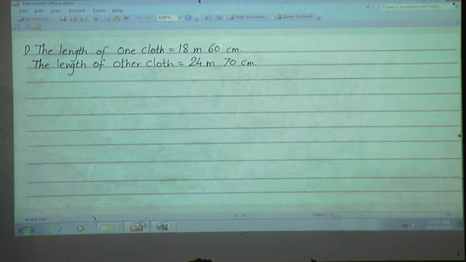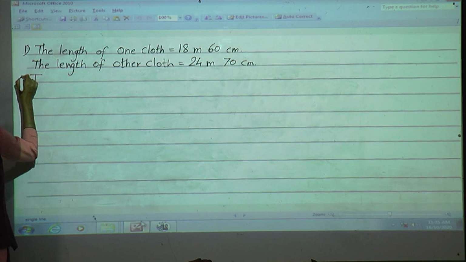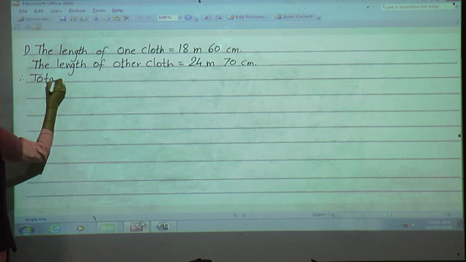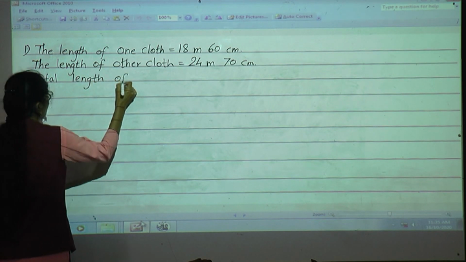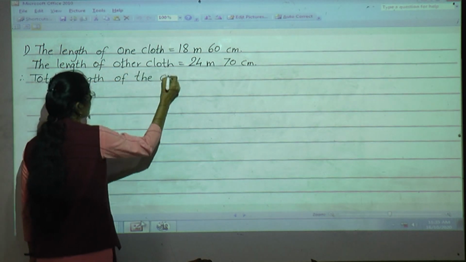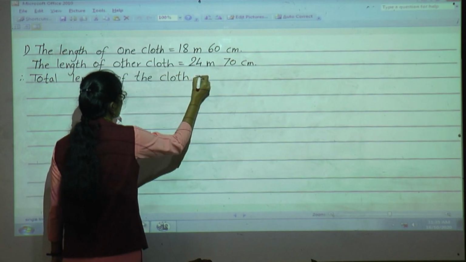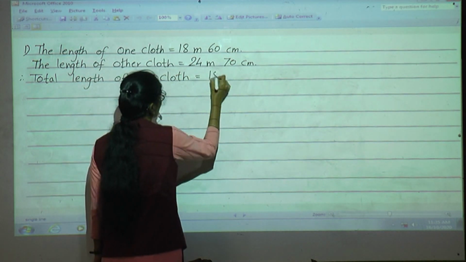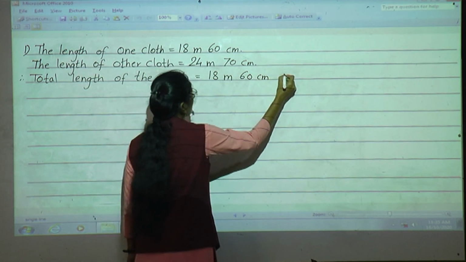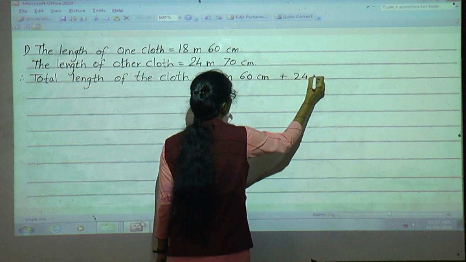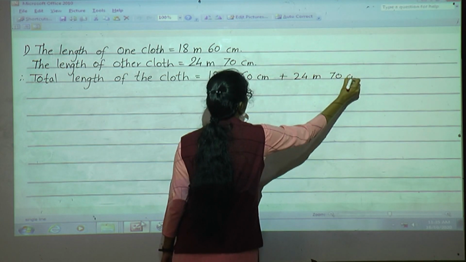Now we have to find out the total length of the cloth. So here we'll write, total length of the cloth is equal to what? We have to do the addition, 18 meter 60 centimeter plus 24 meter 70 centimeter.